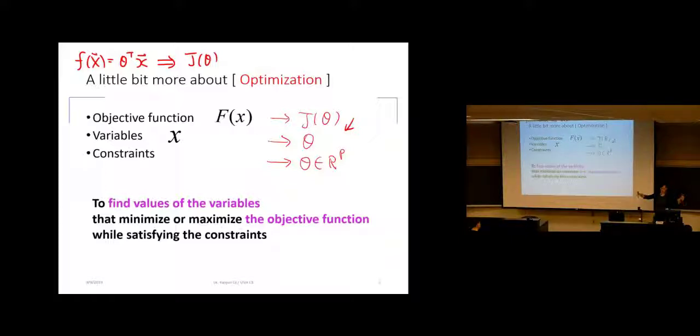Because that's such a nice function, the unique optimal solution is the solution whose gradient equals 0. For this type of good objective function, you just use that trick: take the gradient, set it to 0, and you get it.